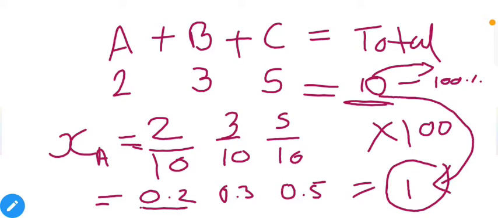If you multiply 0.2 by 100, you will get 20. So out of 10 moles we have 2 moles of A, so it is 20% of A. In fraction it is 0.2 and in percentage it is 20. Similarly, B is 30% and C is 50%, and in fraction accordingly 0.3 and 0.5.